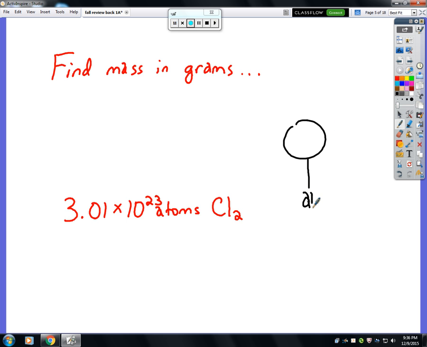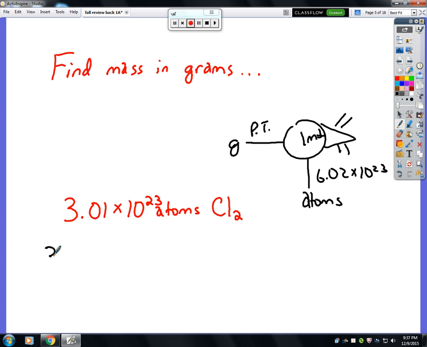I'm on atoms. I need to pass 6.02 times 10 to the 23rd to go to 1 mole in the mole hole, and then go to grams and pass the periodic table. So I'm going to go ahead and say I have 3.01. Why would I recopy that, right? Let's go ahead and erase this and move it over.